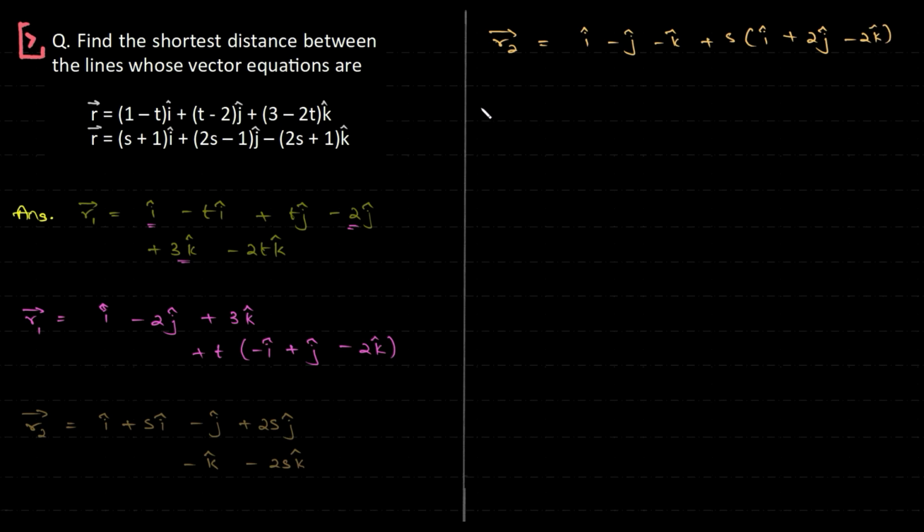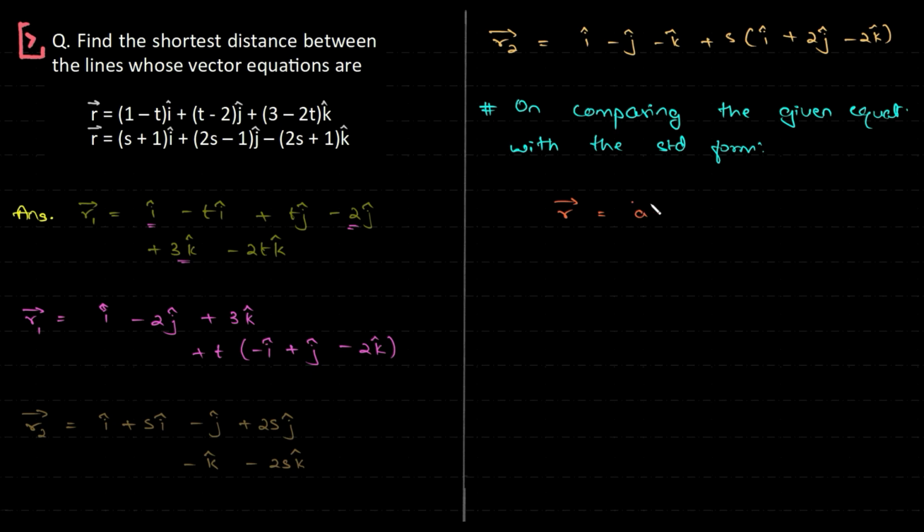And now we'll start off with writing. So what should we do? We need to compare it with the standard form. So comparing the given equations with the standard form, what do we end up with?